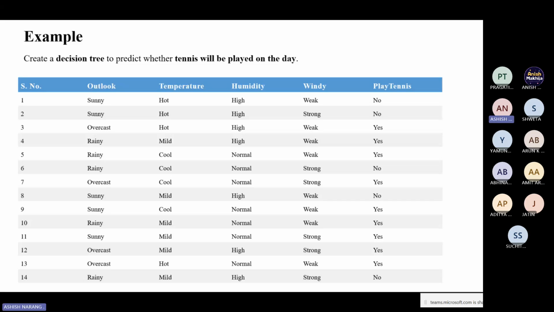So humidity is giving you the maximum information gain? Yes, sir, as compared to windy, humidity is giving more information gain. You can check temperature also and then conclude that humidity is best. Okay, good job, Anish. I request everyone else also to participate.